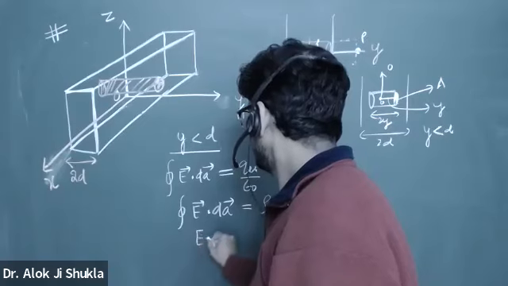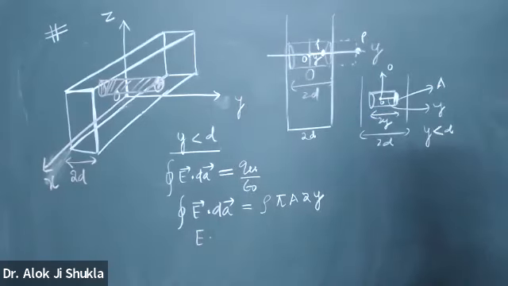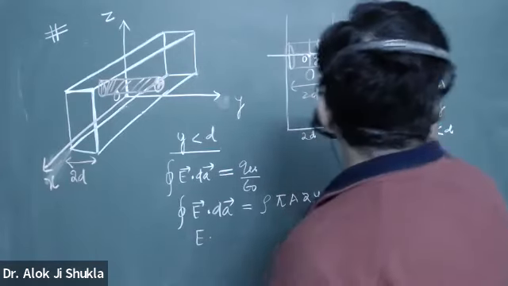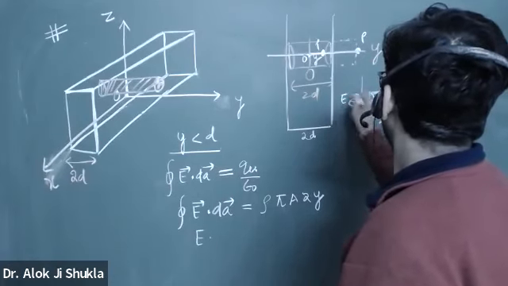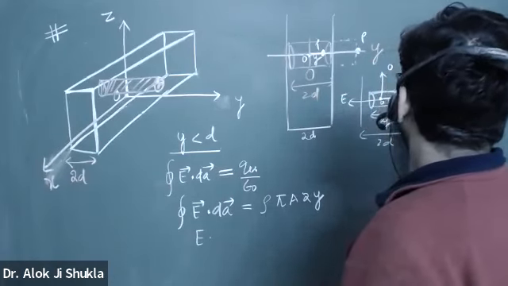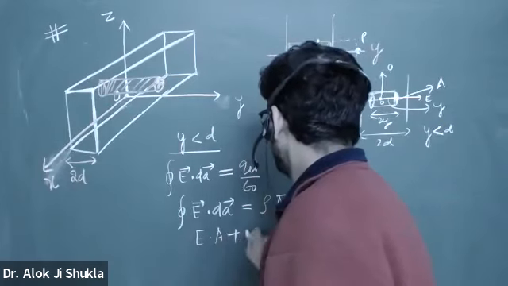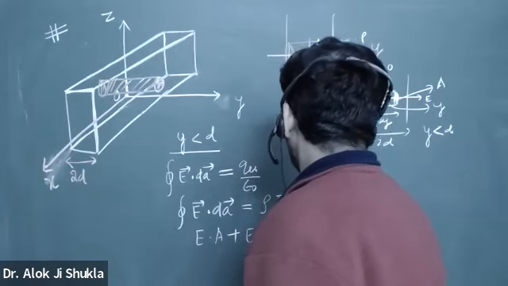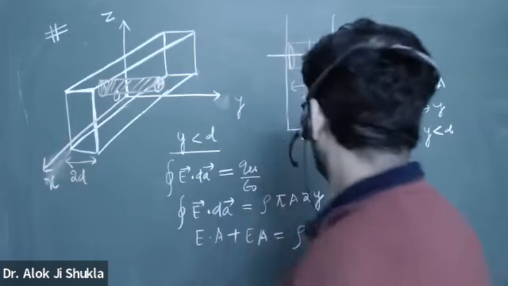So what about this side? E into 2A, because the field is this side and the field is this side. Yes or no? So on this side also, it should be written as EA plus EA is equal to rho A into 2y.